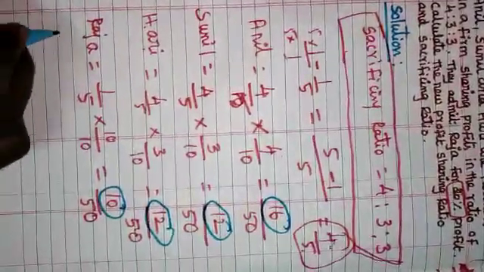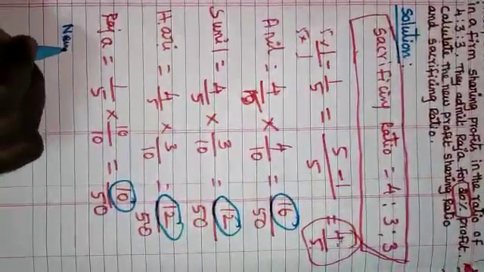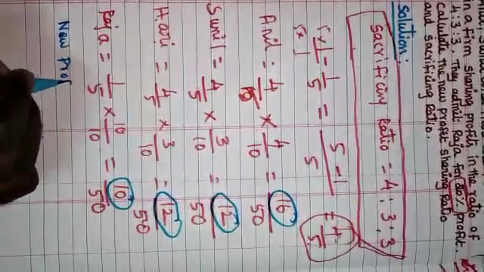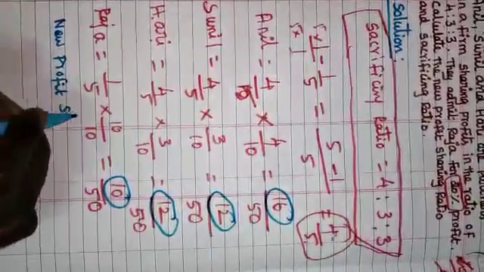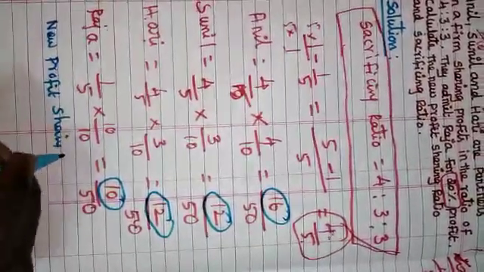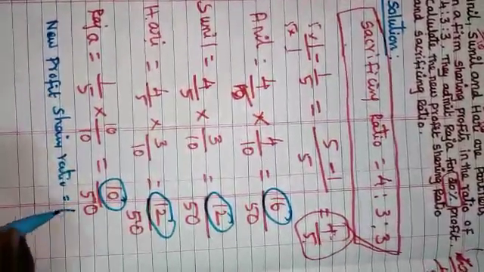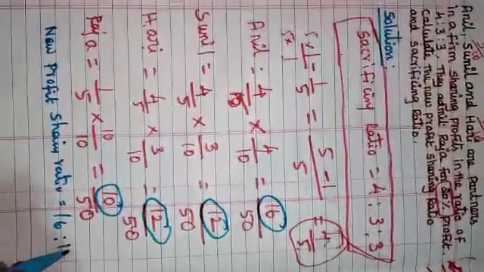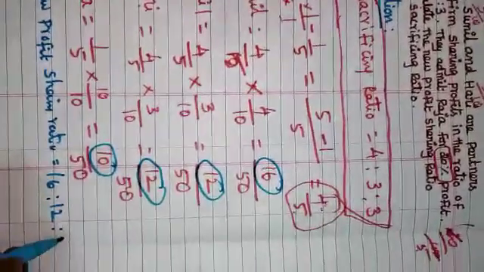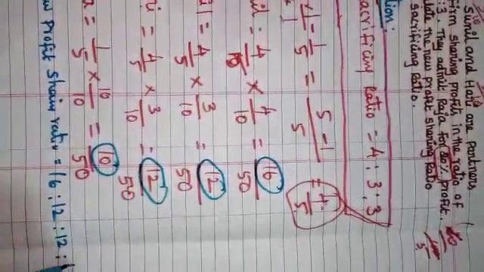So the new profit sharing ratio is 16:12:12:10.